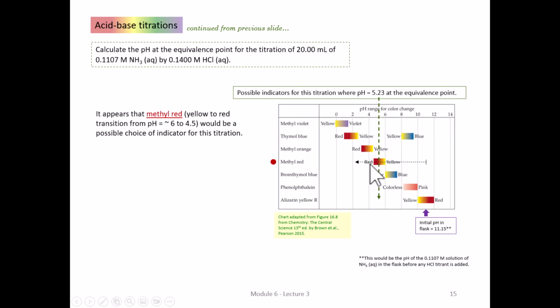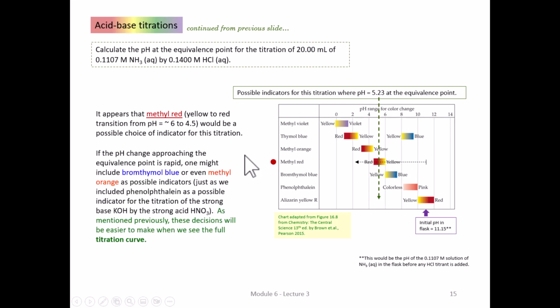We'd see a yellow to red color change there. We might even include methyl orange or bromothymol blue if the pH change is pretty rapid near the equivalence point. We'll see these rapid changes near the equivalence point more clearly when we look at titration curves in a future lecture.